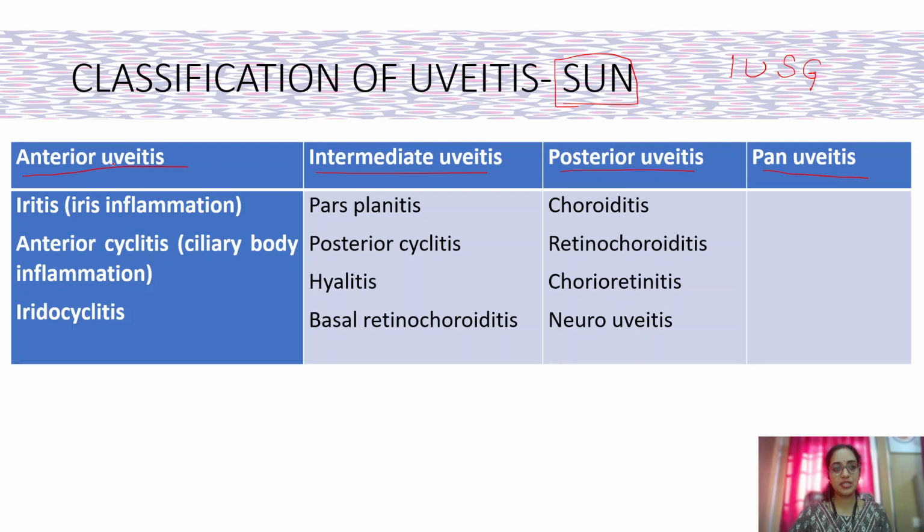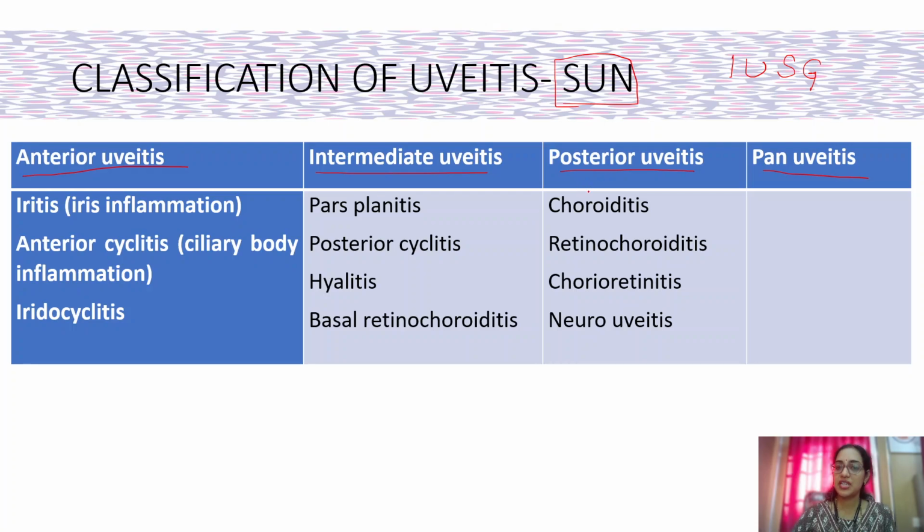So what are the types in anterior uveitis? We have iritis, anterior cyclitis, and iridocyclitis. Iridocyclitis means inflammation of both the iris and the ciliary body. In intermediate uveitis, you have pars planitis, posterior cyclitis, hyalitis when there is inflammation in the vitreous, and basal retinochoroiditis.